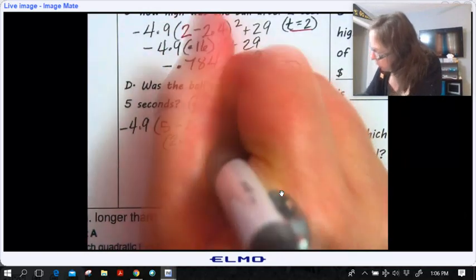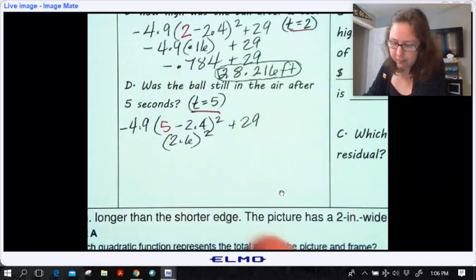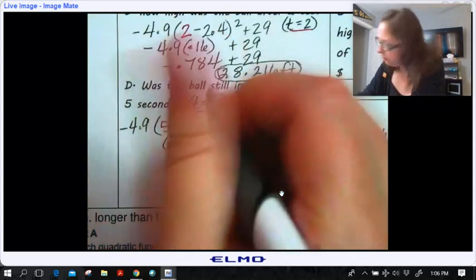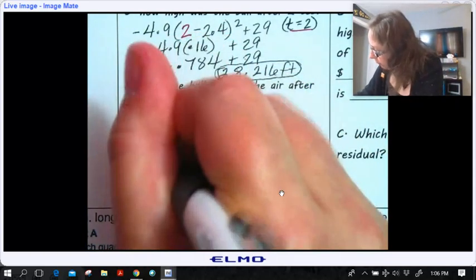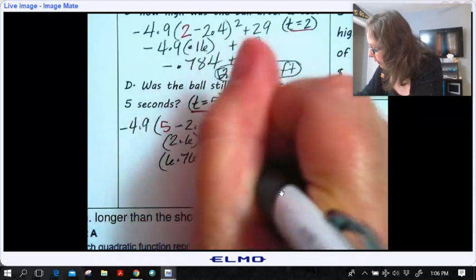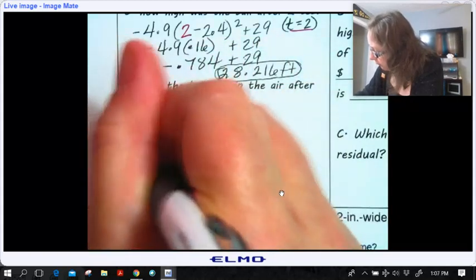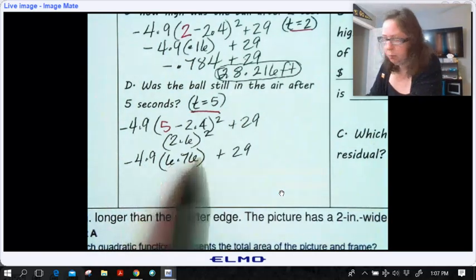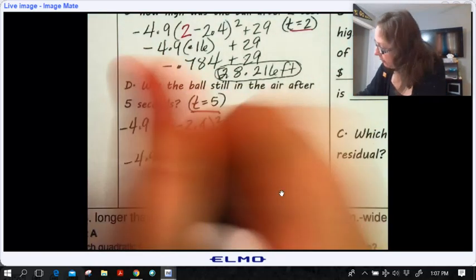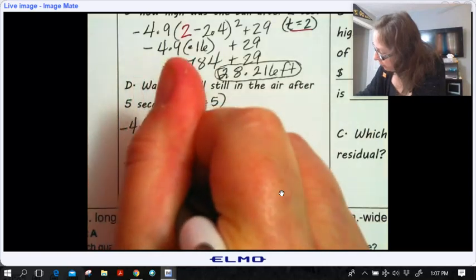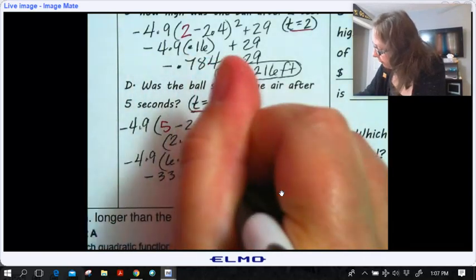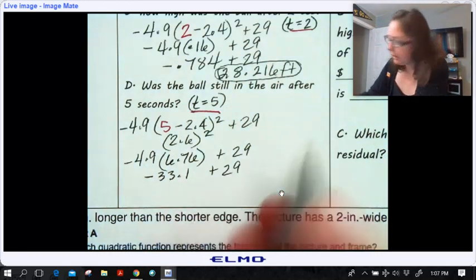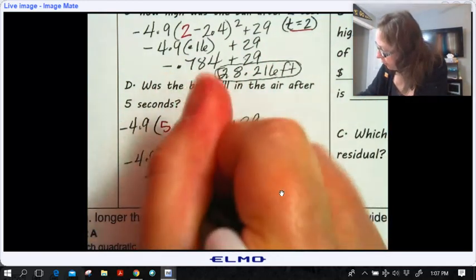I'm going to square 2.6 and I get 6.76. All right, let's bring down everything else. Negative 4.9 times 6.76 is going to give me negative 33.1. And then negative 33.1 plus 29 gives me negative 4.1.